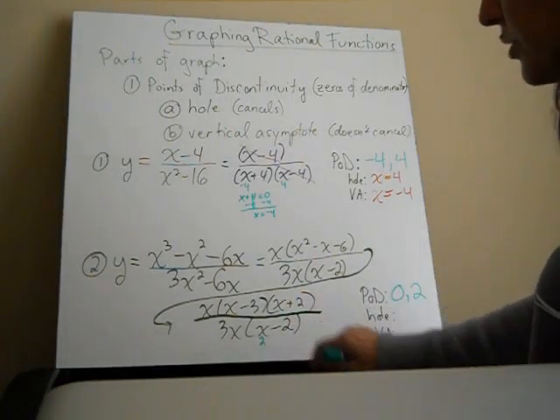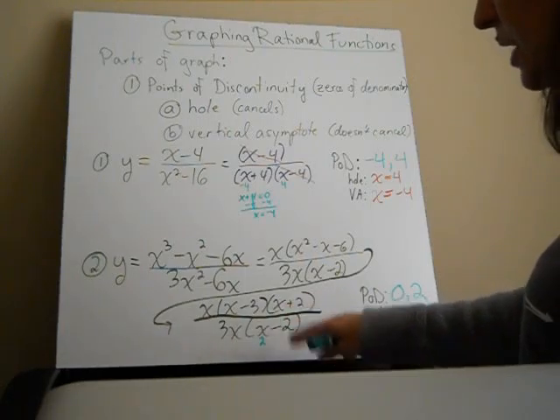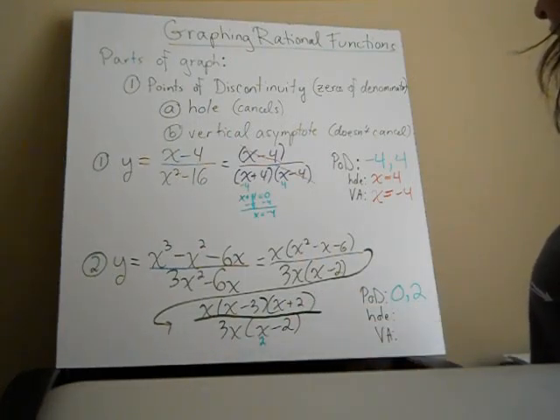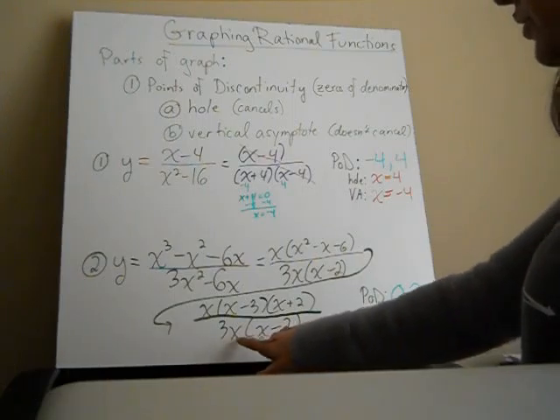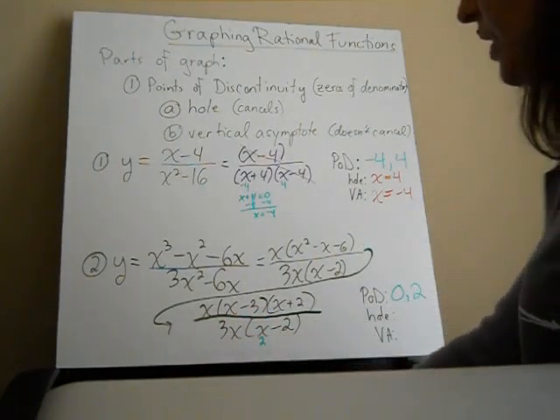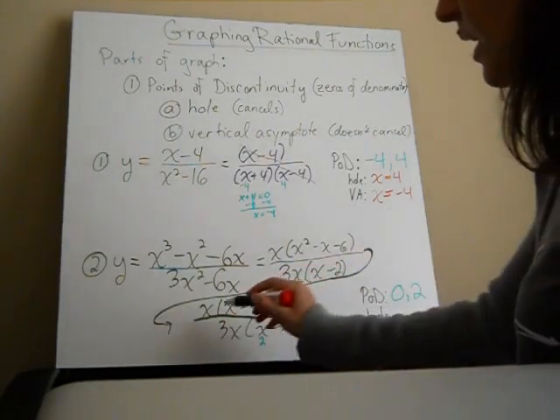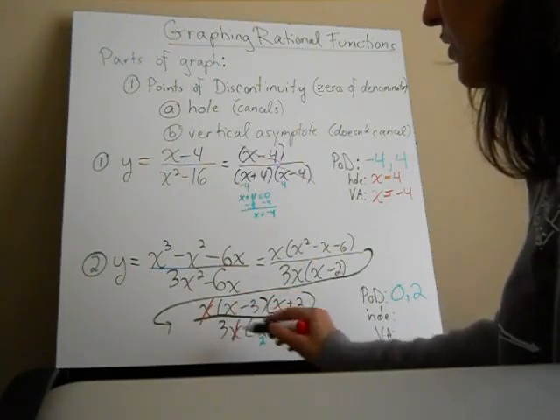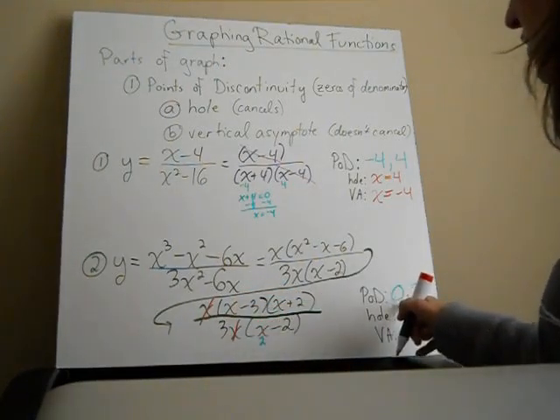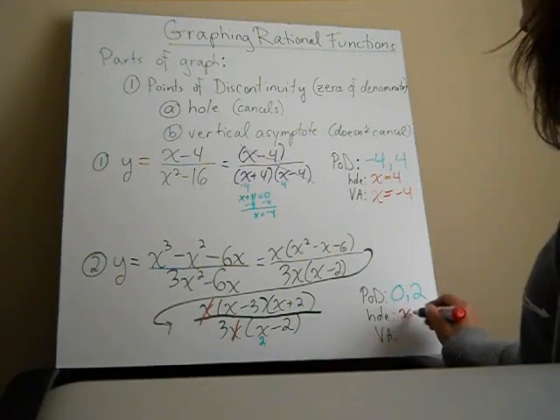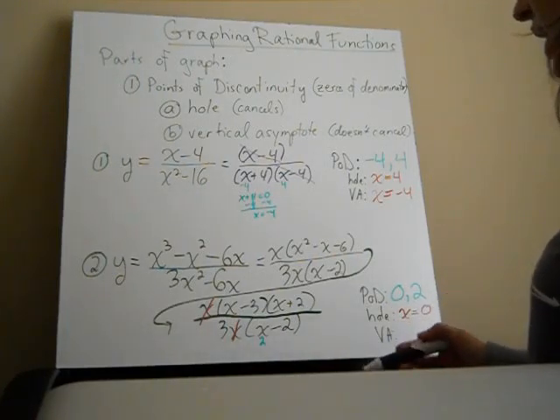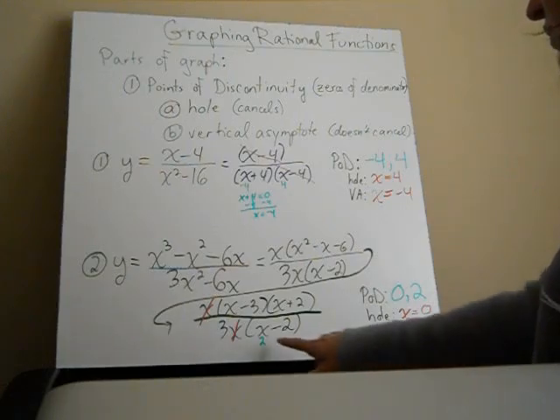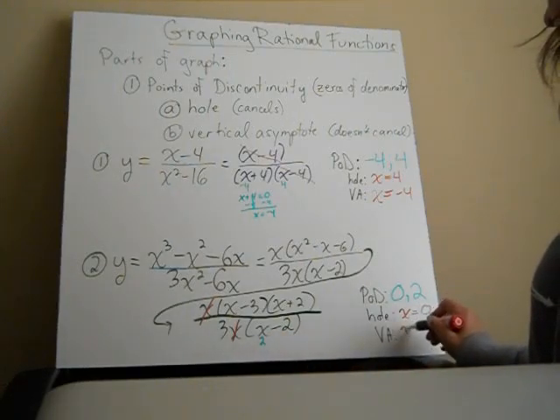That's a tricky almost-cancel, but they're not the same, so you cannot cancel them. But a lot of students overlook this x here and that x there. x can cancel with x. So that was when x was 0, which means we have a hole at x equals 0. And since the 2 did not cancel, our vertical asymptote is at x equals 2.